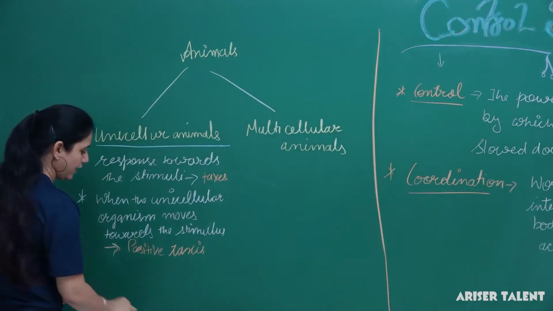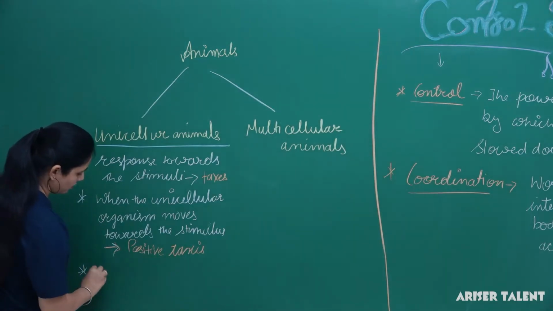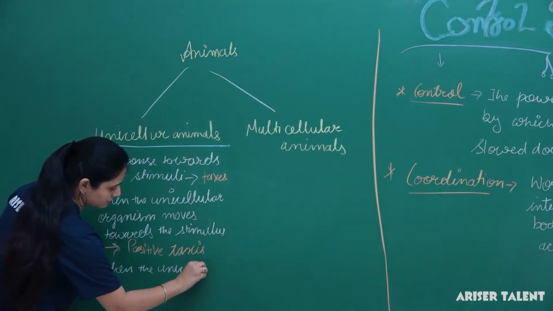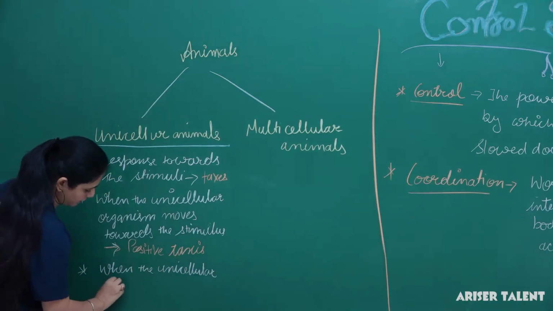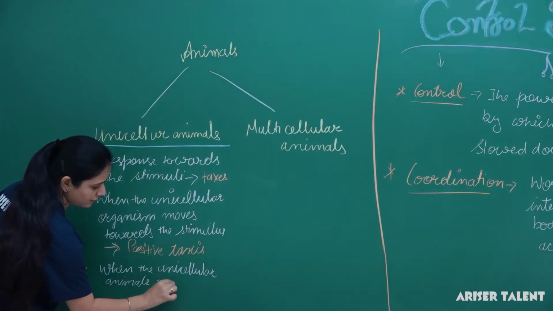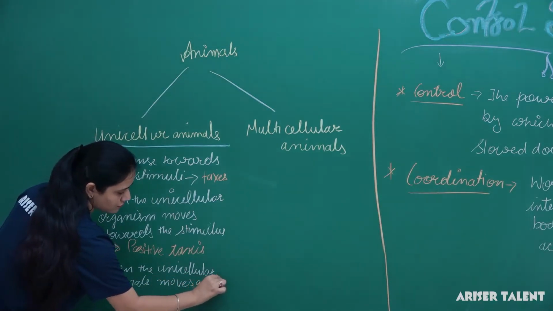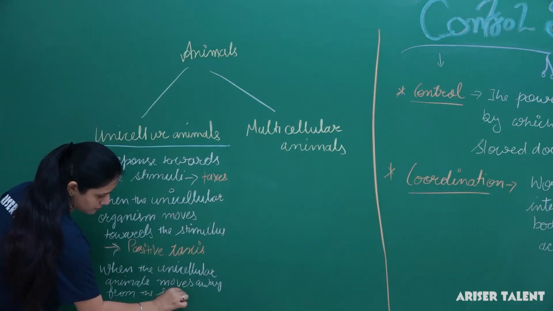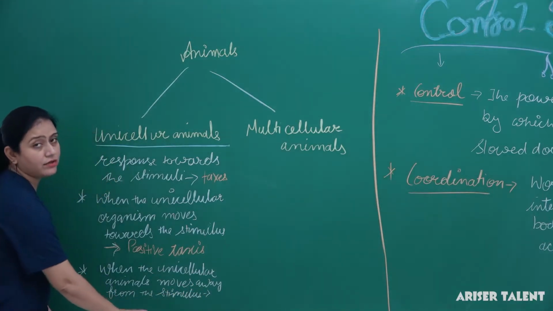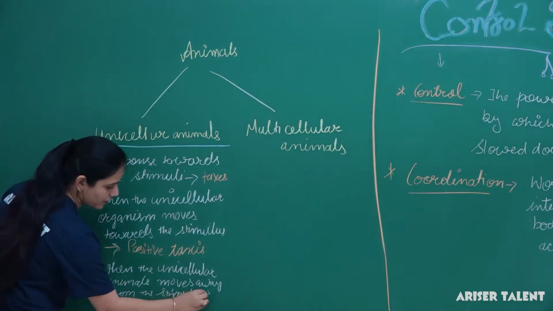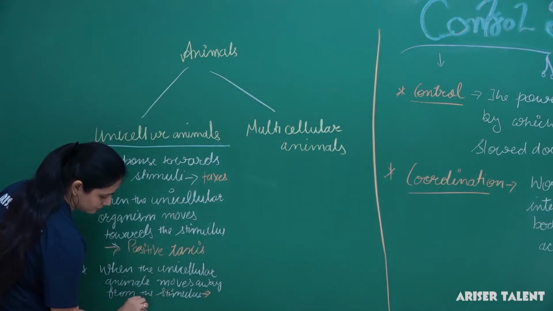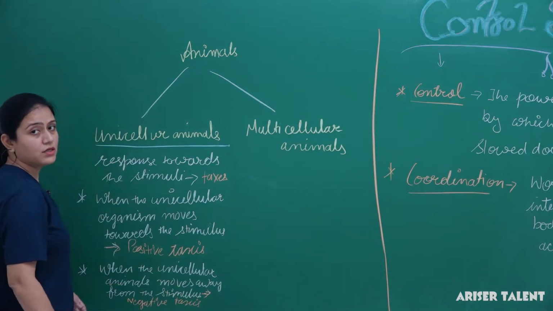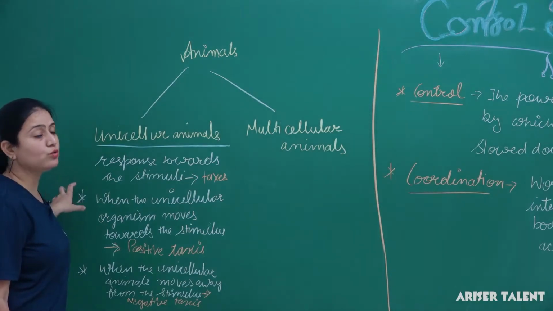And when the unicellular organism moves away from the stimulus, then it is known as negative taxis. So we can say that the unicellular animals show two types of movement.